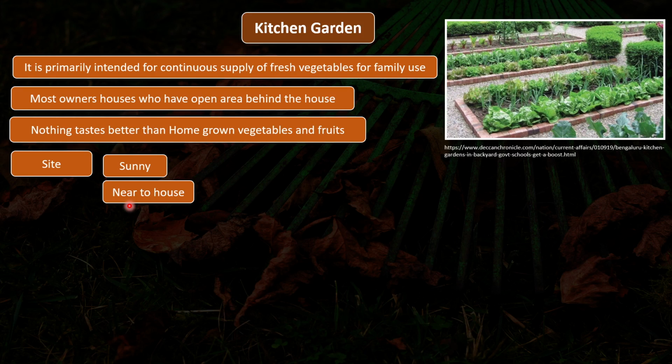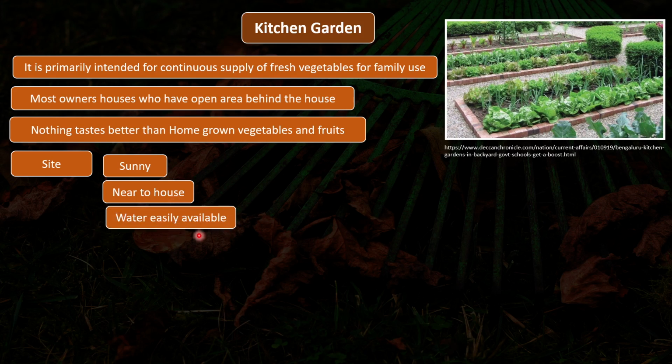You will have all your instruments and working things in your house only. So it would be good if your garden is near the house, like near the backyard, or if you have a plot, it should be near your house.